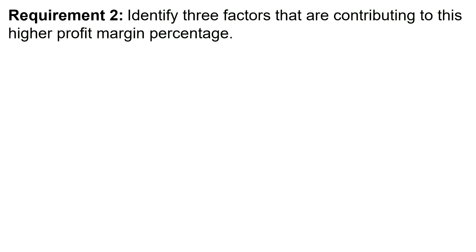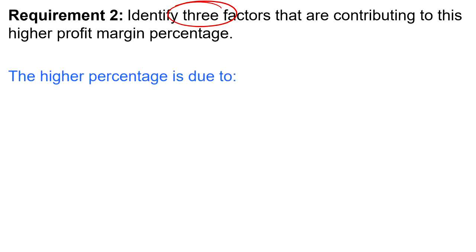So then if we look at requirement number 2, identify 3 factors that are contributing to this higher profit margin percentage. And we've already kind of talked about some of these as we went through the information, but if we were to go back and look at it, we start with the higher percentage is due to, and keeping in mind here, they've asked for 3, so we're going to give 3 factors.